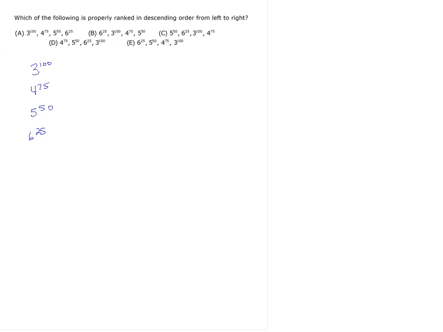Just as it sounds, it's the biggest number that will divide into all of 100, 75, 50, and 25. The GCF of those four numbers is 25, because 25 is the biggest number that will divide into all four of them.